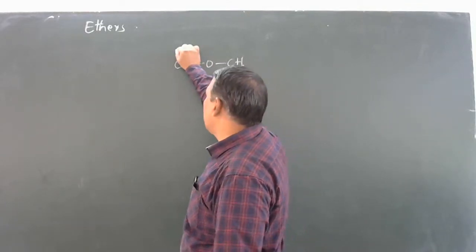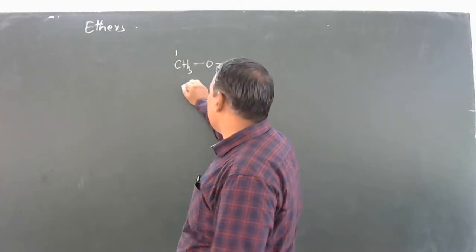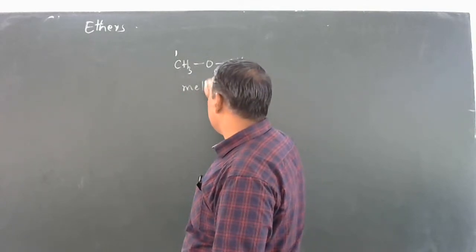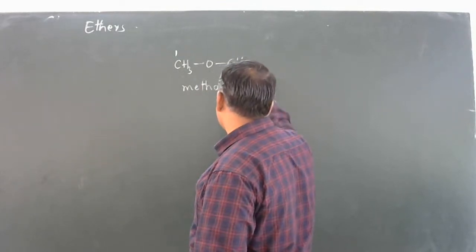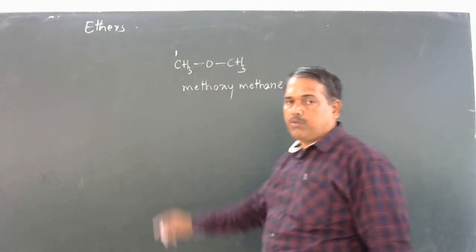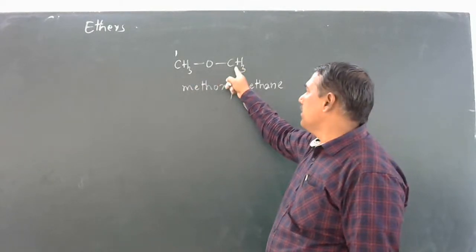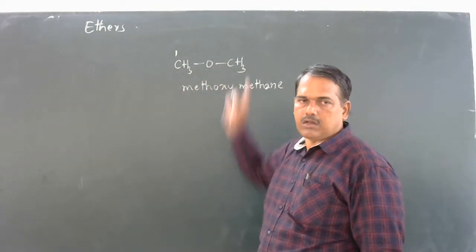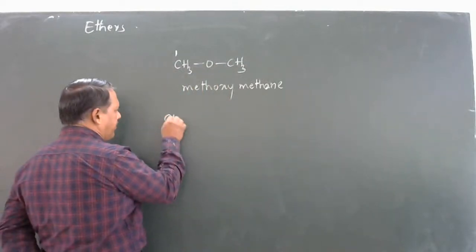Only one carbon atom on each side. Its IUPAC name is methoxymethane. We discussed this. Its common name is dimethyl ether.